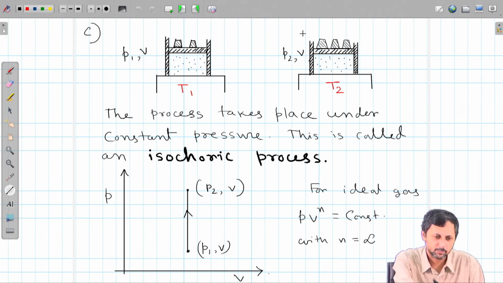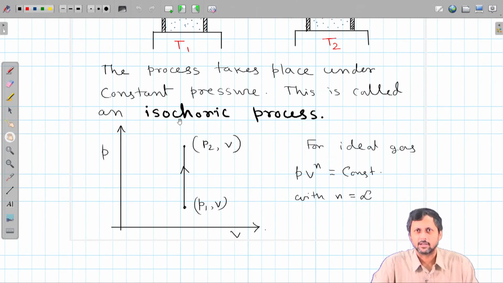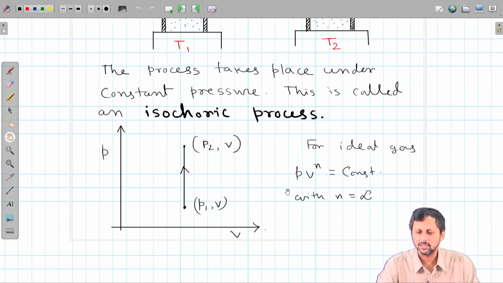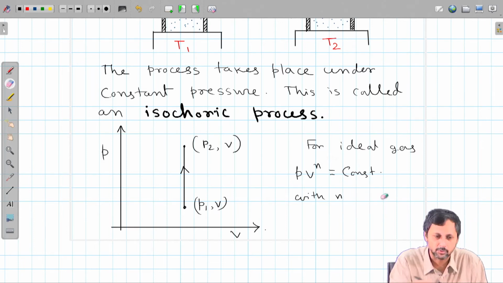Now, an isochoric process can be represented on a PV indicator diagram as a vertical line. See, the volume does not change, only pressure goes from P1 to P2, and for an ideal gas this process can be represented by the equation PV to the power n equal to constant with n tending to infinity, and n can never be equal to infinity.